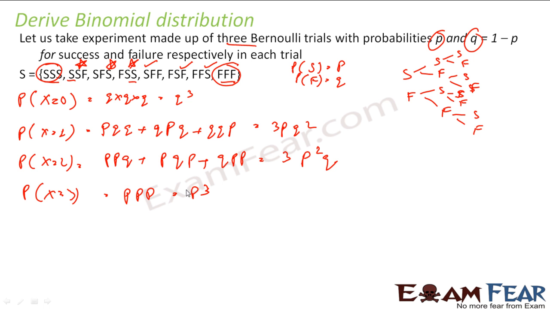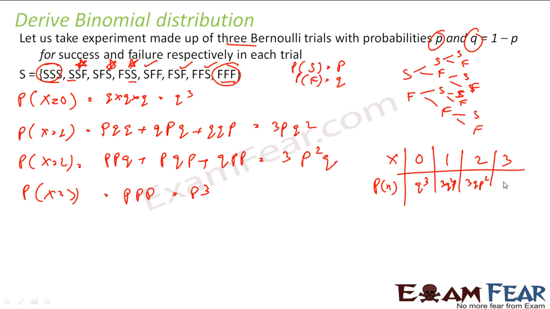Correct. So if you see the probability distribution, what I got is 0, 1, 2, 3 options, and probability of this will be, for 0 it came out to be QQQ, for 1 it is 3Q square P, then 3QP square, and here P cubed. This is what you get. So if you notice this, in this case it was 3 trials, and P and Q are probabilities of success and failure.